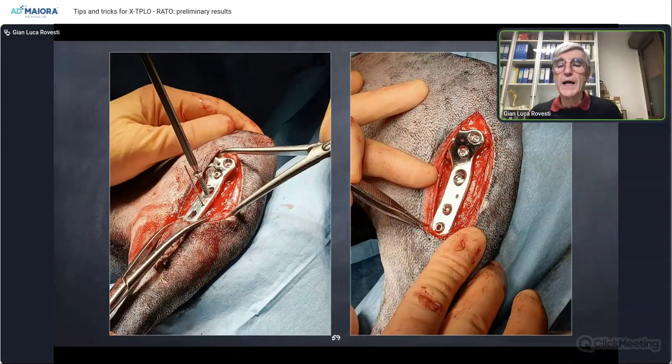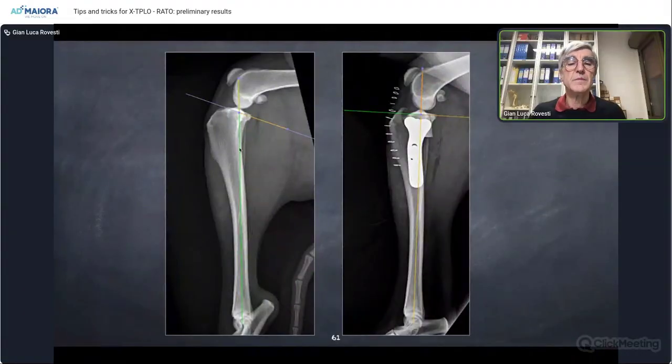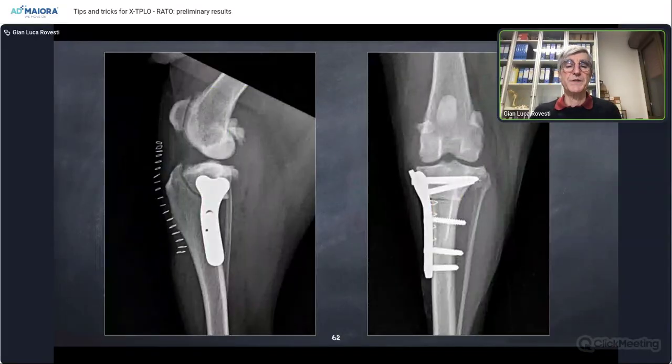If we have a screw that fissures the caudomedial corner of the tibia, this one, we may have troubles. So we should be aware that the caudal border of the plate is aligned with the caudomedial corner of the tibia, but no screw should pass through it at an angle, because this will be very risky for having tibial fractures.